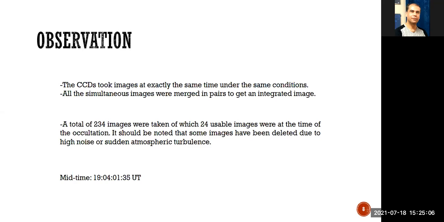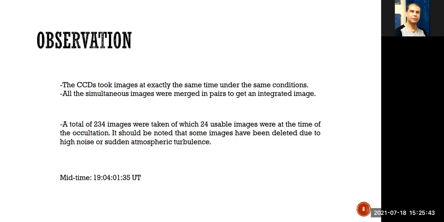Okay, about the observation, the CCDs took images at exactly the same time under the same conditions. All the simultaneous images were merged in pairs to get an integrated image. A total of 234 images were taken, of which 24 usable images were at the time of the occultation.